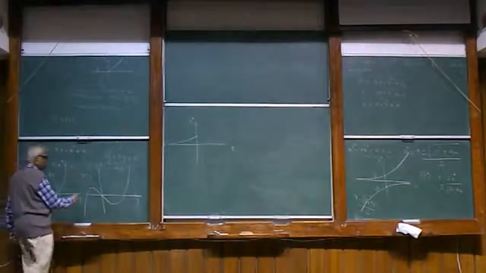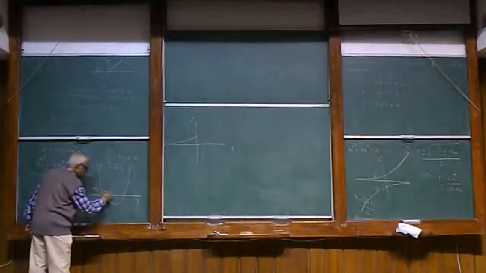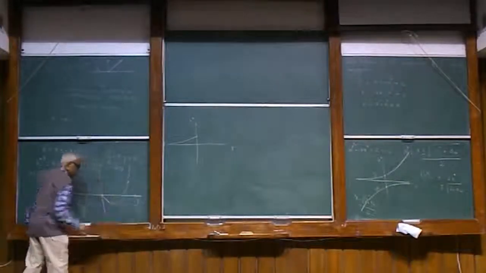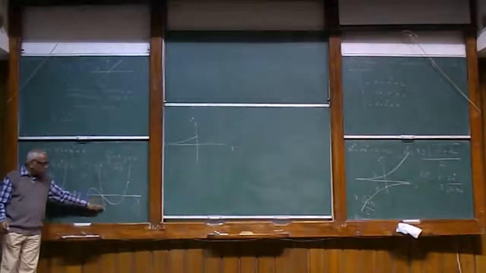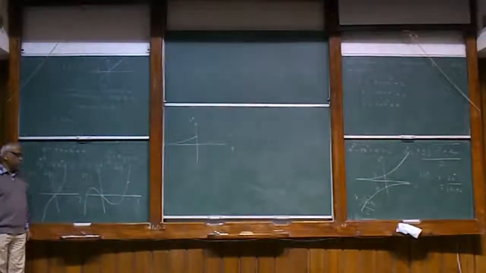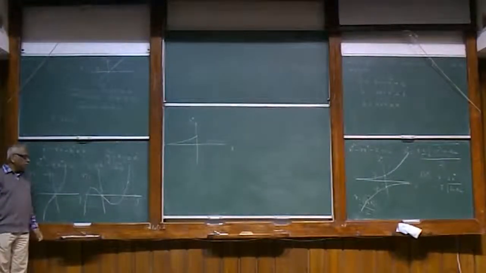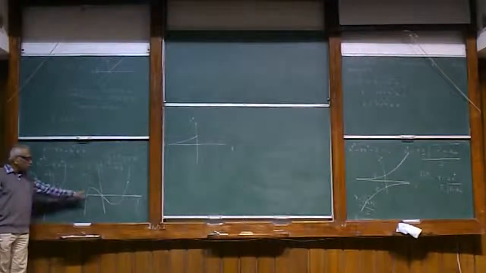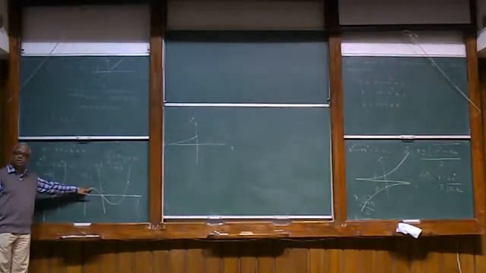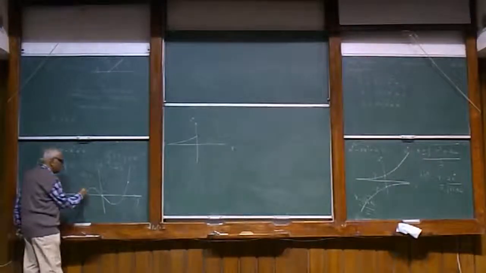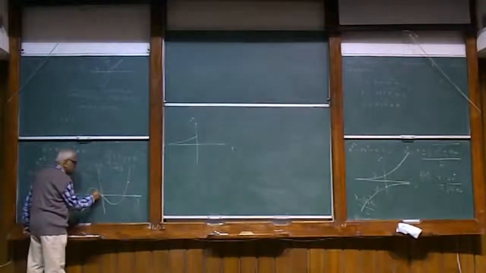But if epsilon lies over here, if epsilon is negative and large, only one intersection. But now make epsilon small enough. How small? It has to be smaller than this value over here. Right? So if epsilon is smaller than this value over here, then I'm going to have three intersections.